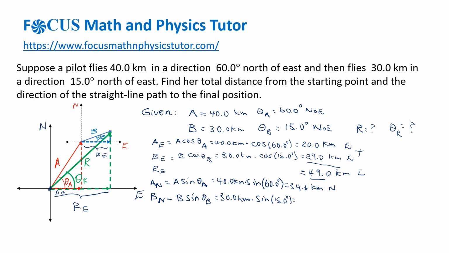That's equal to 7.76. So what is the vertical component of the resultant? That's to mean this one in the north direction. That will be the sum of these two. That's equal to 42.4, to three significant figures.